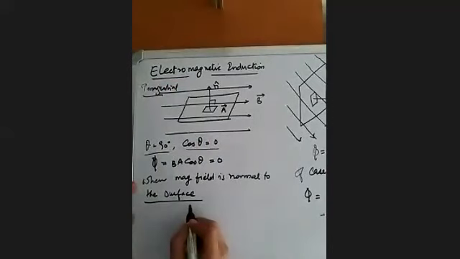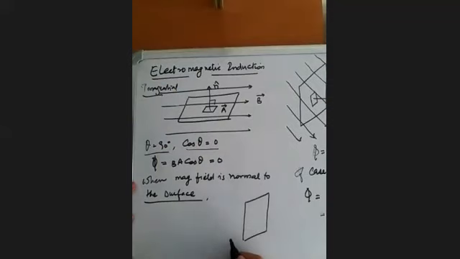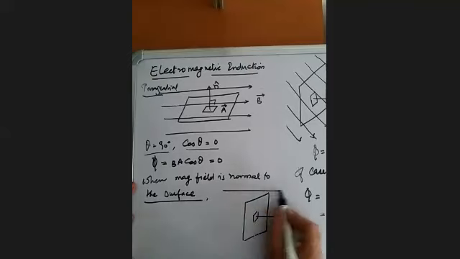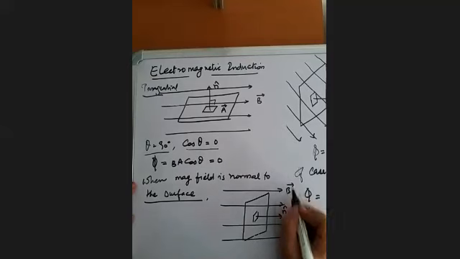So when it is normal to the surface, let us draw the figure here. This is the surface and the normal given by n cap, and this is the magnetic field in which it is placed, given by vector B.